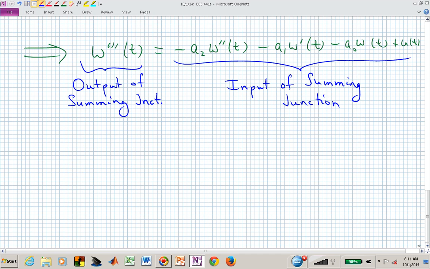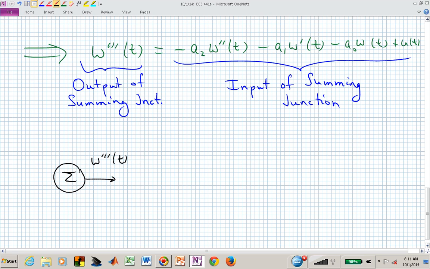In other words, the output of our summing junction in our block diagram, let me see if I can squeeze that in here, that we're labeling as the triple derivative of w.